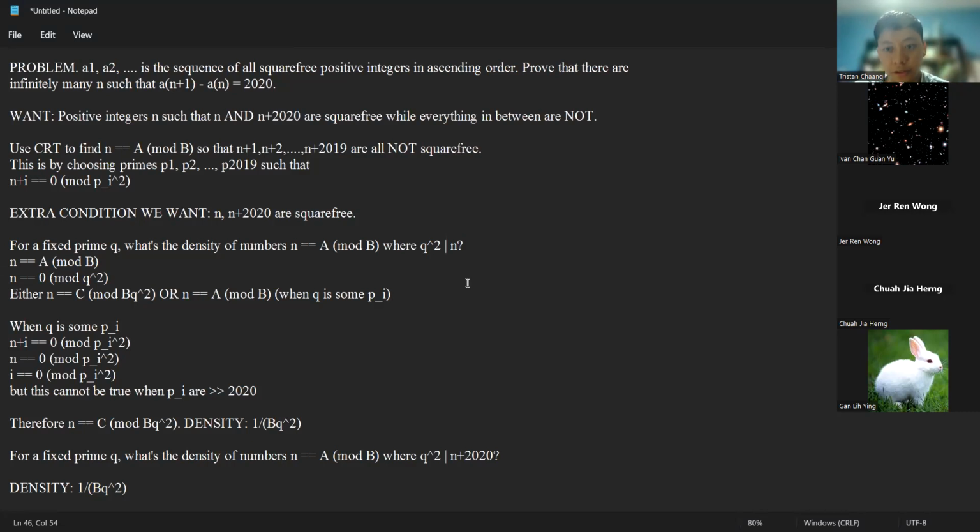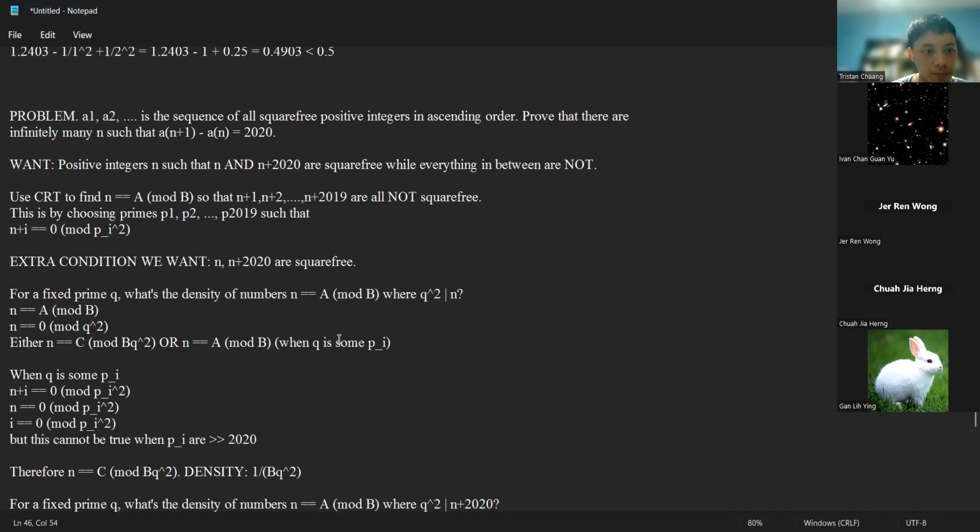Why does the density of Q squared dividing n equal the failed ones? Shouldn't Q squared divide n?